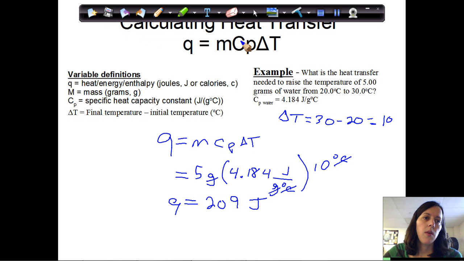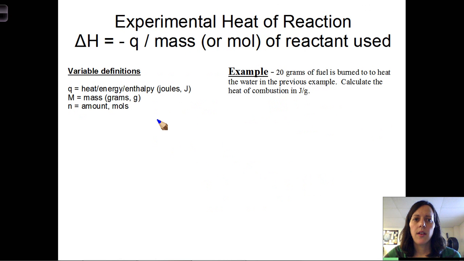We have one thing left. The last thing we're going to learn how to do today is calculate the heat of reaction, and I put experimental in here because this is specifically something we're going to use during a lab.